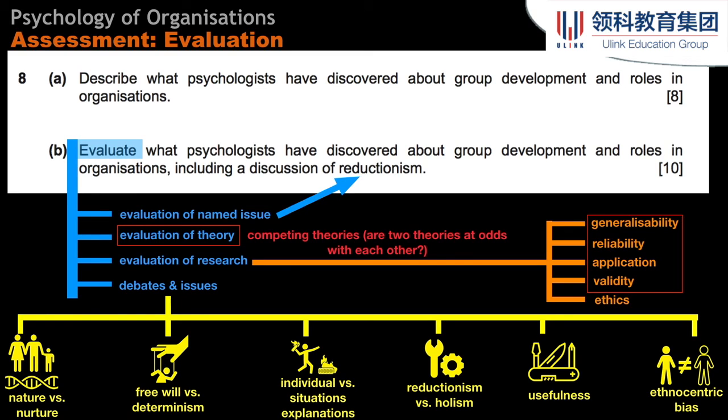Free will versus determinism might be interesting, but I'm going to go here for individual versus situational explanations. Why is that? Because maybe by looking at people as a group and saying that they all develop in this following way, forming, storming, norming, performing, and adjourning, it ignores individual variables.